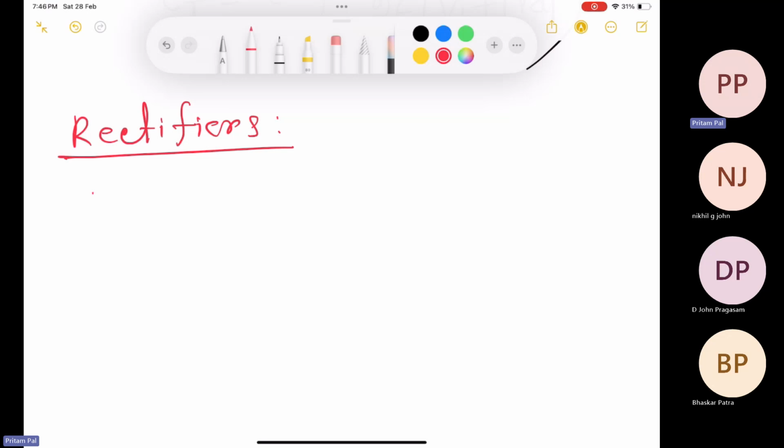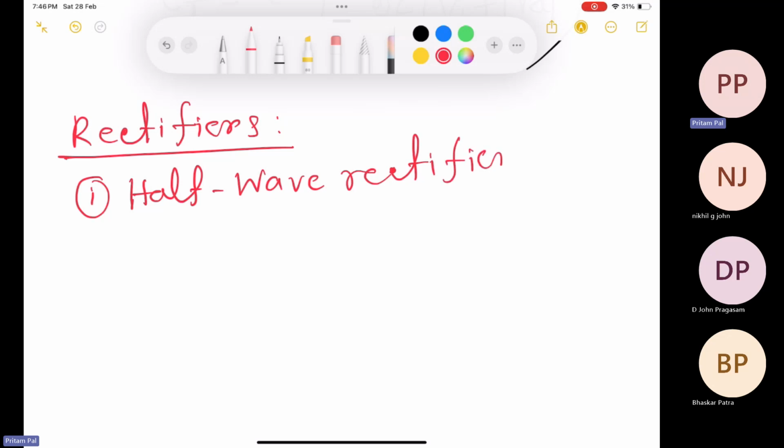So there are two things. One is the half wave rectifier. I hope you guys are already familiar with this. I'll just quickly touch upon it and do some problem solving. Then the full wave rectifier. Okay.